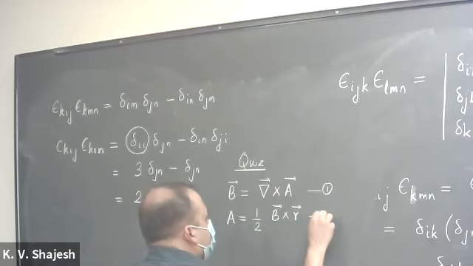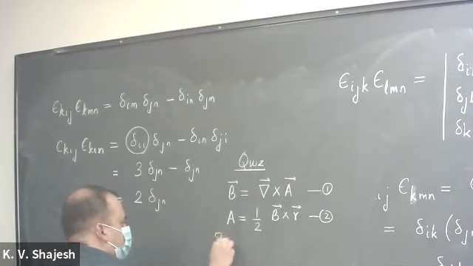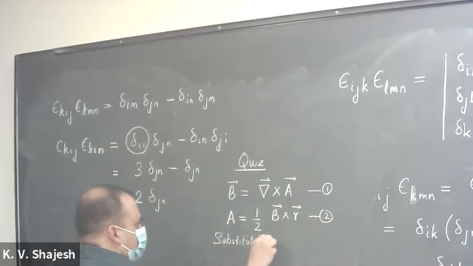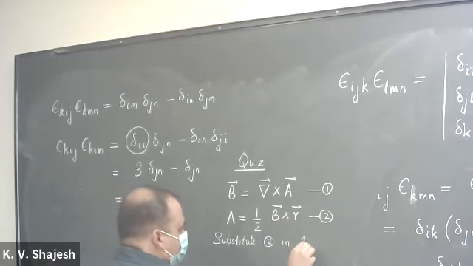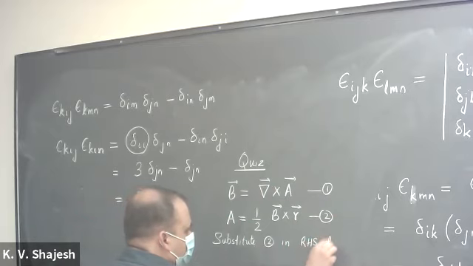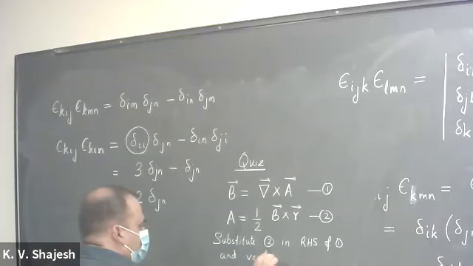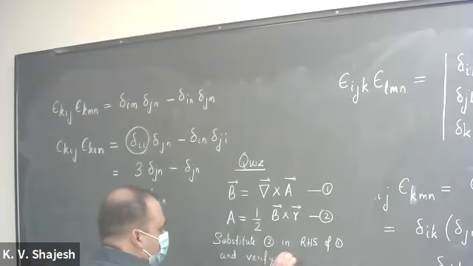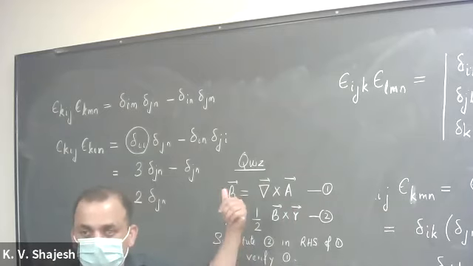So that's equation 1, equation 2. Substitute 2 in the right-hand side of 1 and verify 1. By verify, I mean if you put this on the right-hand side, you should get a B.